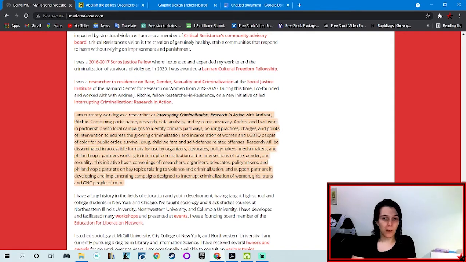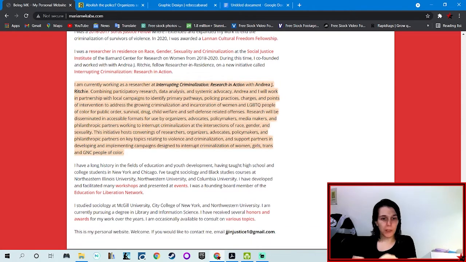Research will be disseminated in accessible formats for the use of organizers, advocates, policymakers, media makers, and philanthropic partners working to interrupt criminalization at the intersections of race, gender, and sexuality.